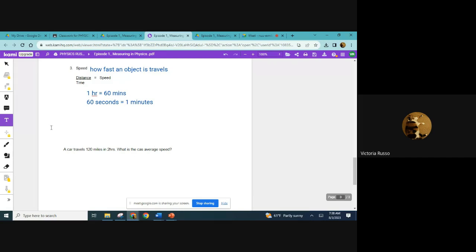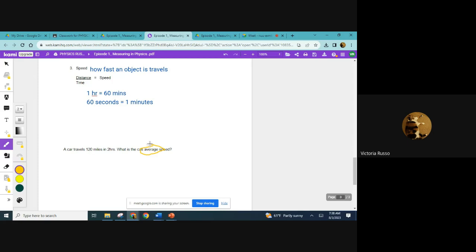Now, just to note that this word average here is very important, because average speed is the general speed they were traveling the entire time. When you drive a car, you don't drive the same speed the whole time. You go faster when you're on the highway and slower when you're on the side streets.